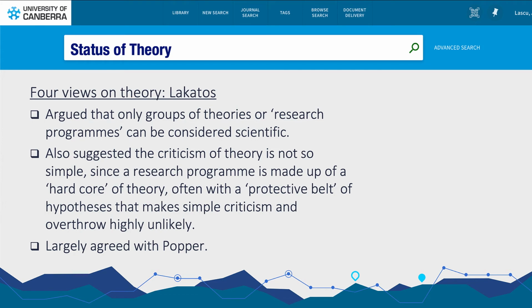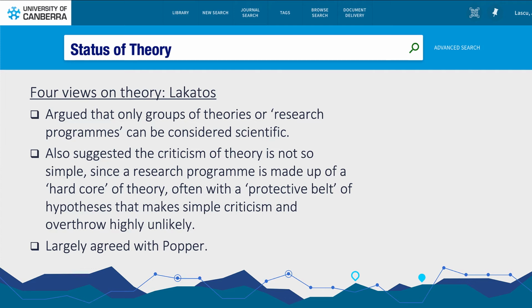Lakatos had a different view as well. They argued that only groups of theories or research programs can actually be considered scientific. They also suggested the criticism of theory is not so simple, since a research program is made up of a hard-core theory, often with a protective belt of hypotheses that make simple criticism and overthrow highly unlikely.